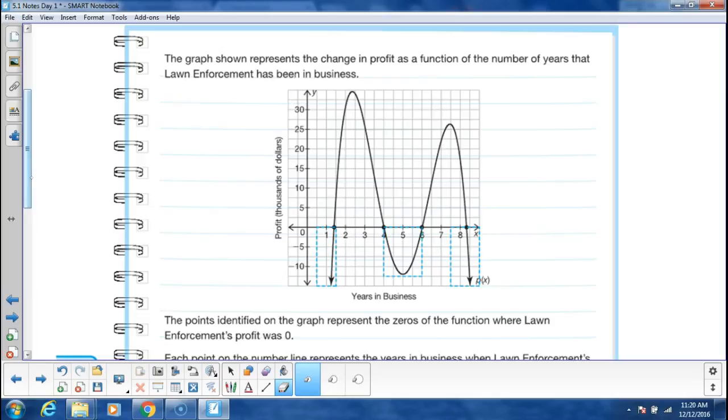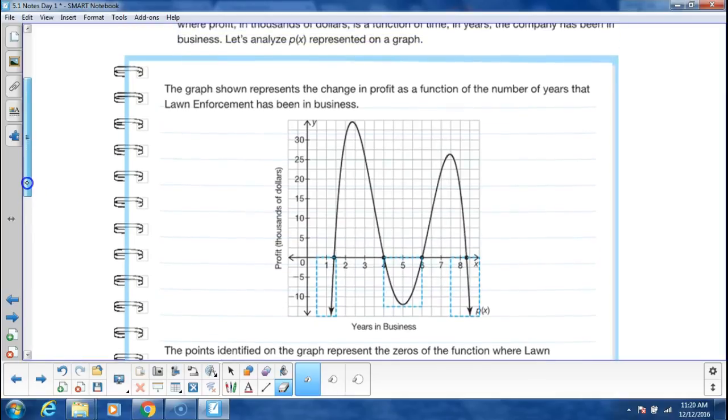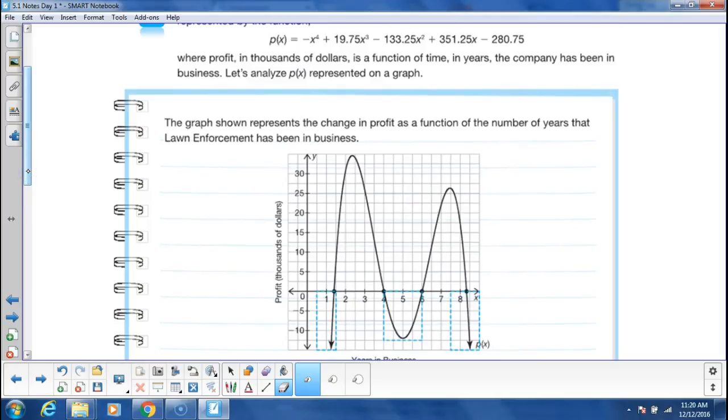What can you tell me about P of X, the graph? Negative degree. Can't have a negative degree. Negative lead coefficient. Does that make sense from what P of X is? Okay.